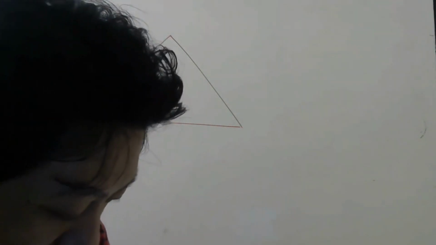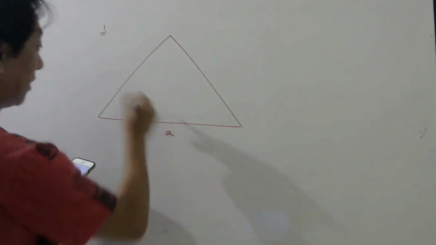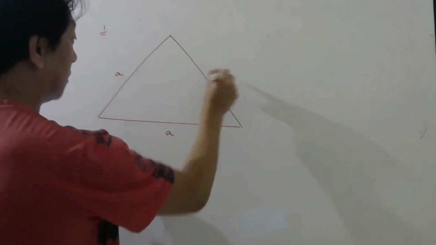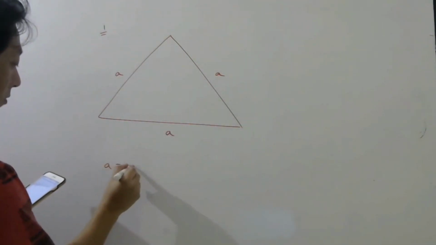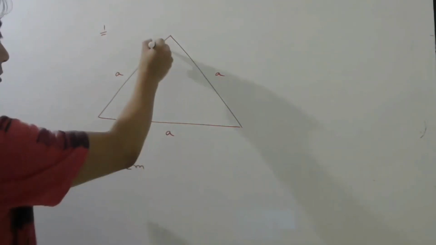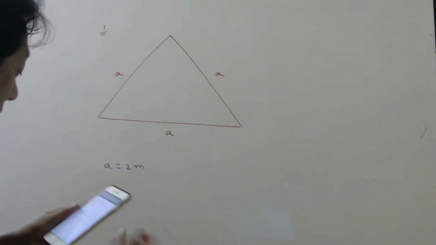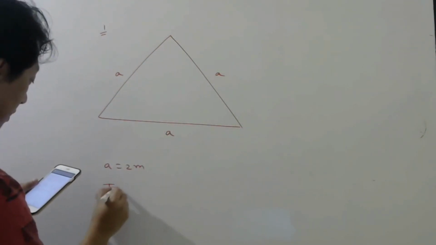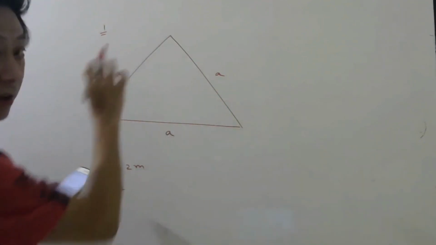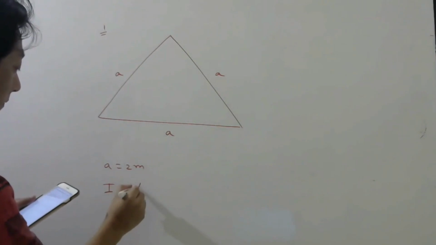Side is given as 2 meter. So let us call the side A. So this A is 2 meter. And since it is equilateral, you know this will be 60 degrees, 60 degrees, 60 degrees. And the current flowing in the wire is 1 ampere.